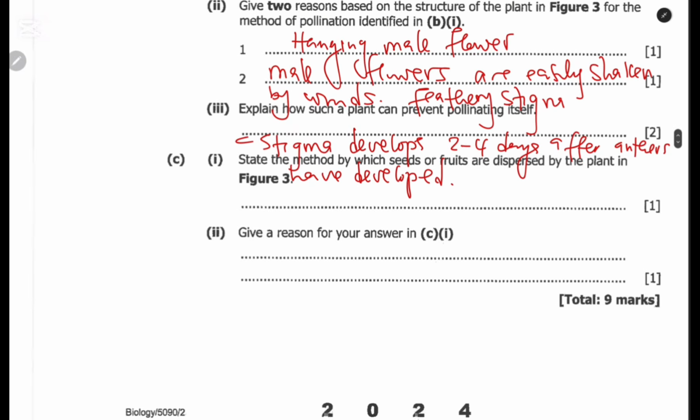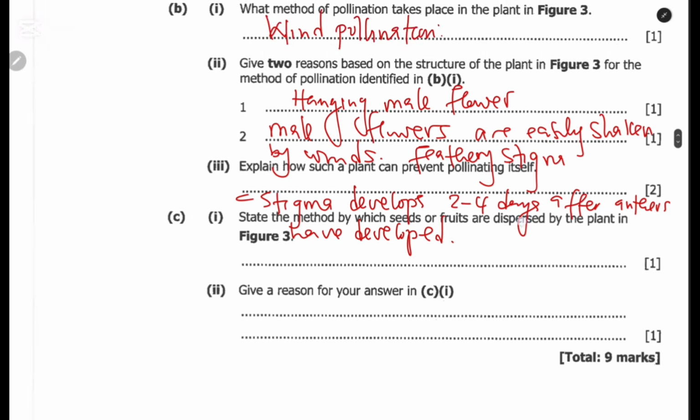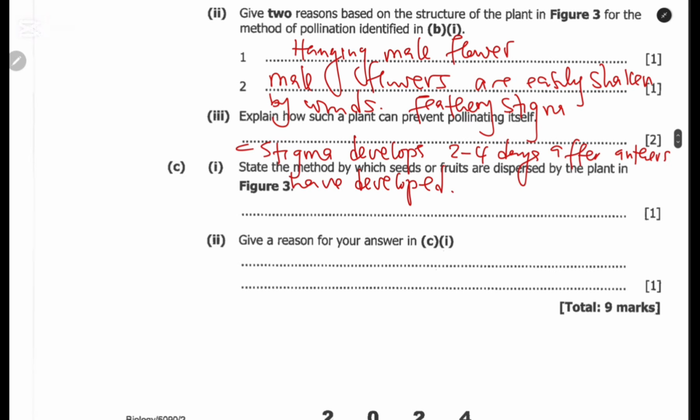Then now, state the method by which the seeds or fruits are dispersed by the plant in figure 3. Like we said, this is the maize plant, and in Zambia that is our staple food, so we eat such. So the method by which seed or fruit is dispersed is animal dispersal. Give a reason for your answer.